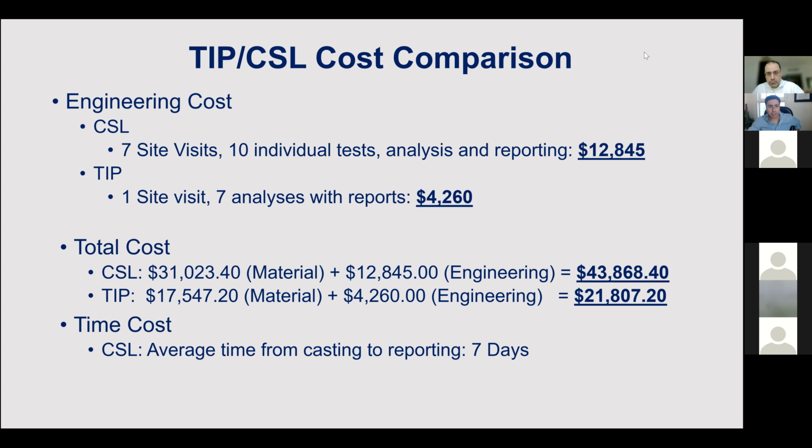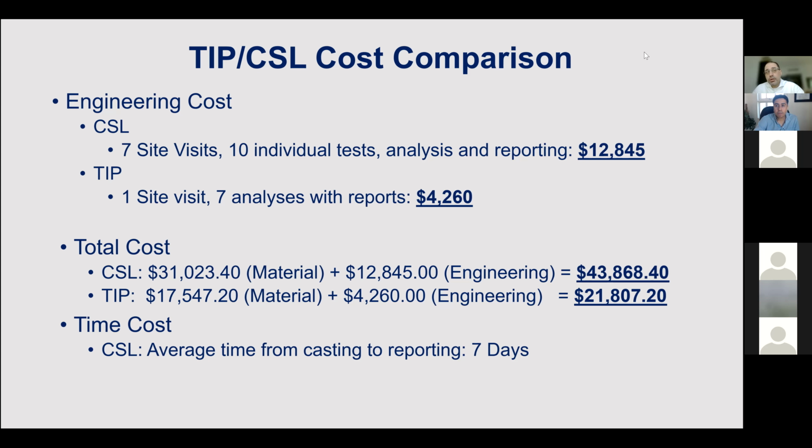Is this cost comparison still valid regardless of the size of the project? Of course, the more volume you have, the more you can reduce the unit rates. It depends, but this is going to be case by case.